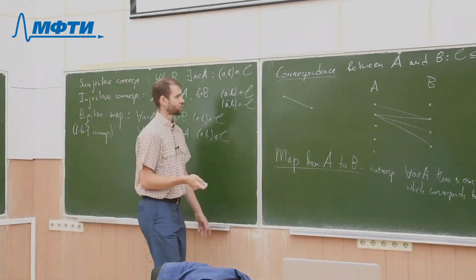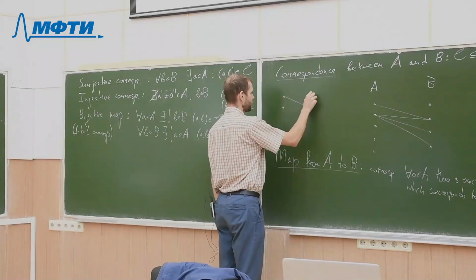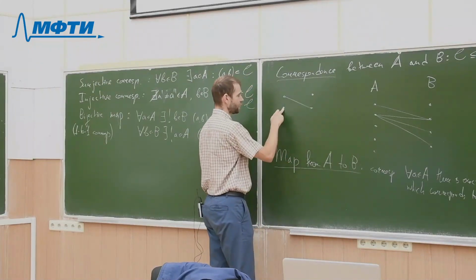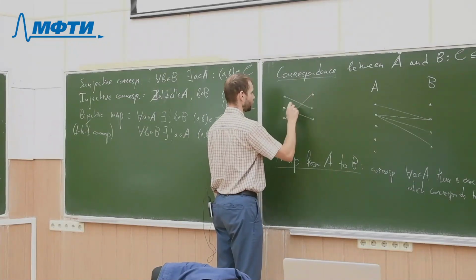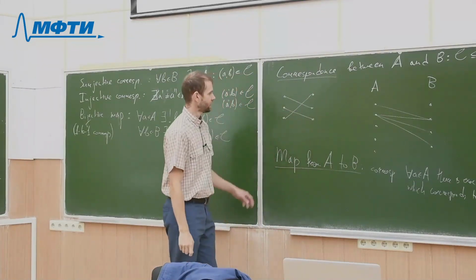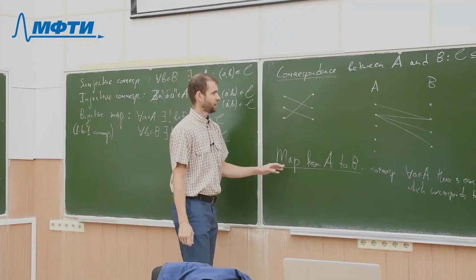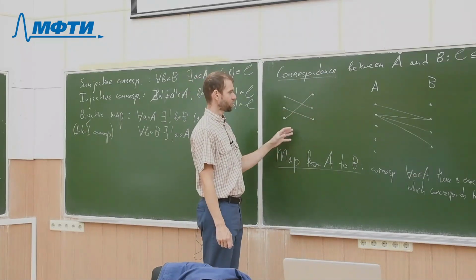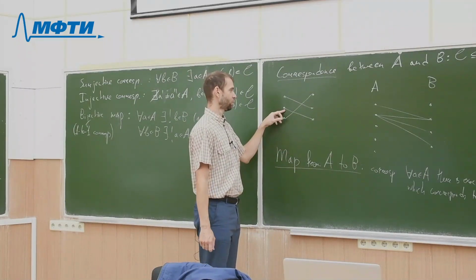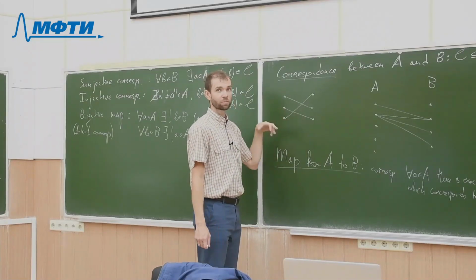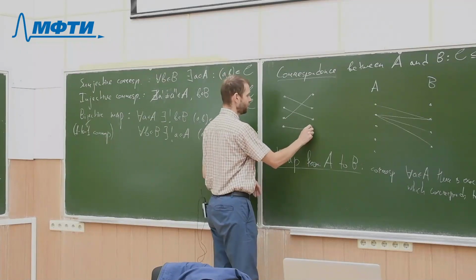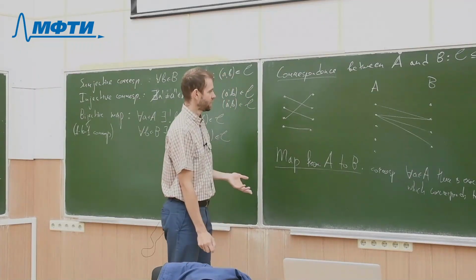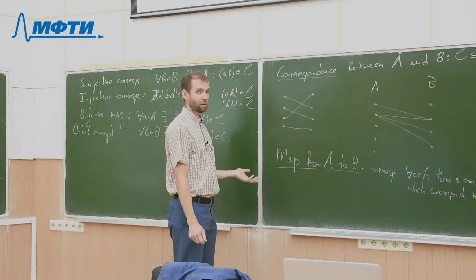So the picture looks like this. Every point in A sends its arrow to the right, and every point in B also has somebody in A who sends an arrow to this point. In terms of graph theory, this is basically a matching.